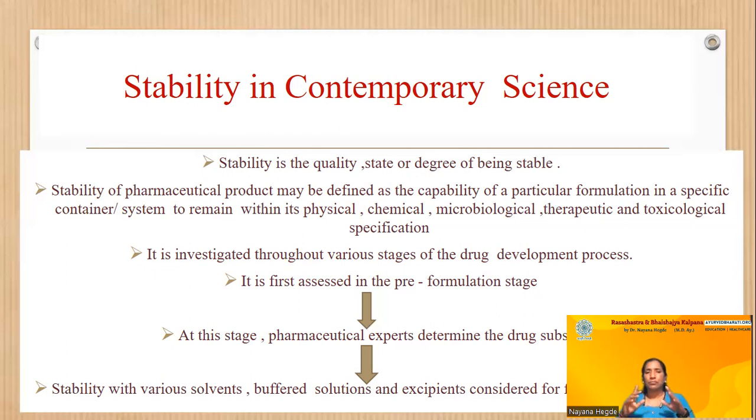मतलब क्या है? Stability of the pharmaceutical product may be defined as the ability or the capability of the particular formulation in a specific container or a system to remain within its physical, chemical, microbiological, therapeutic and toxicological specification.